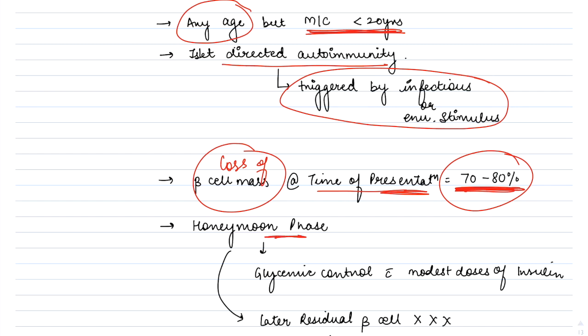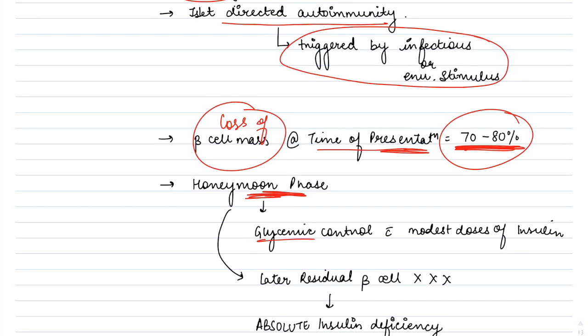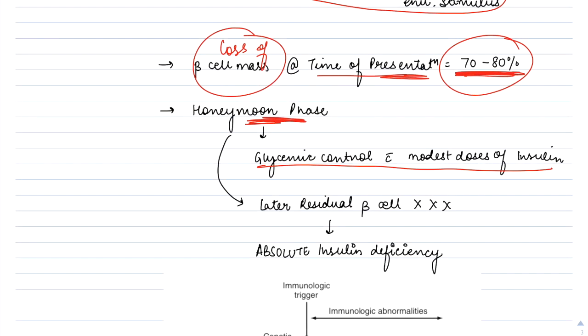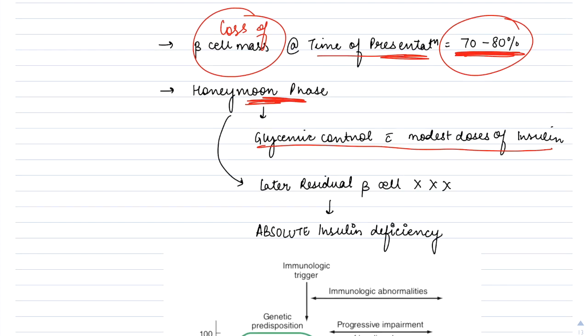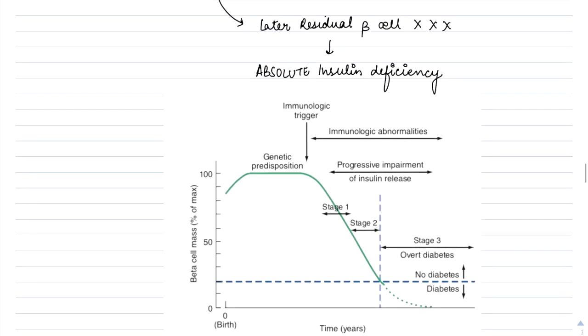So the honeymoon phase is that phase in which the residual beta cells produce insulin, and the patients in that phase do not require much insulin in type 1 diabetes. So the glycemic control can be achieved with modest doses of insulin. But later the residual beta cells also disappear, and there is an absolute insulin deficiency.